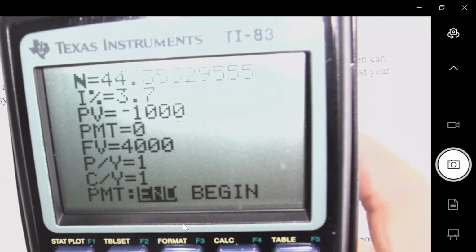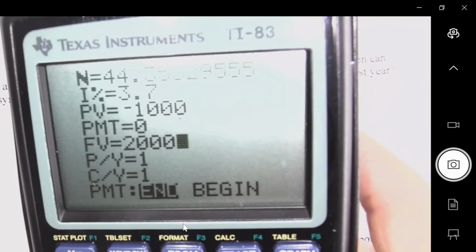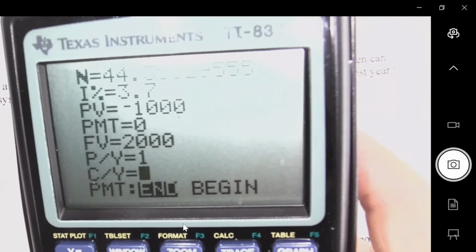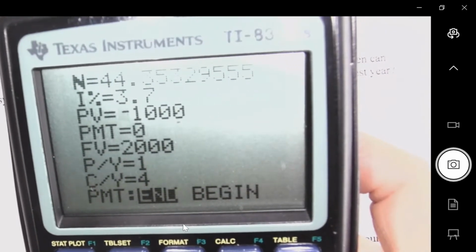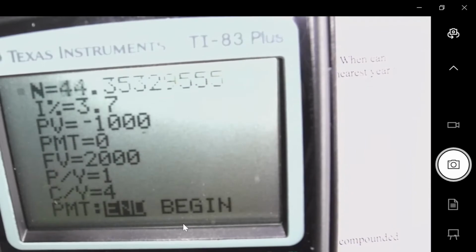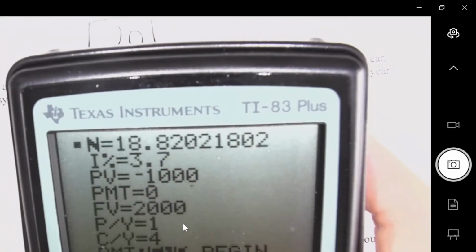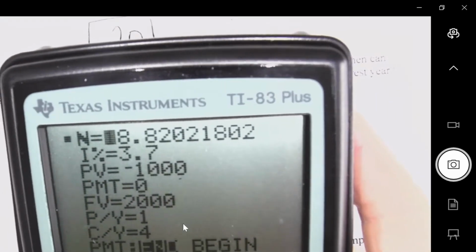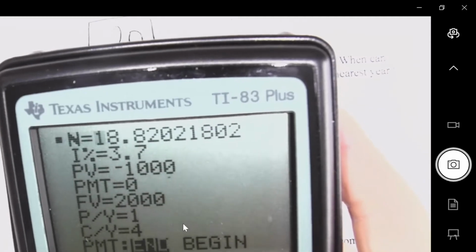I wasn't making any payments, and then I wanted to end up with 2,000, and I was compounding 4 times a year. And it did. 18.8 gave me the same answer. So, I don't know.